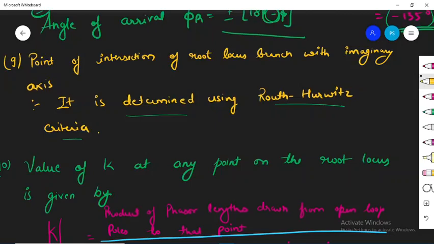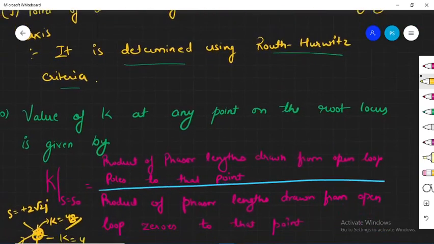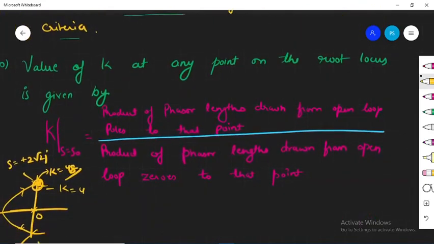Okay, now coming to the last rule, which is the value of k at any point on the root locus. So if you have made the root locus and you want to find out the value of k at any point on the root locus, then it can be figured out using this formula.